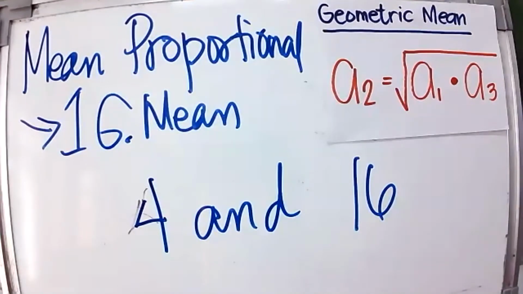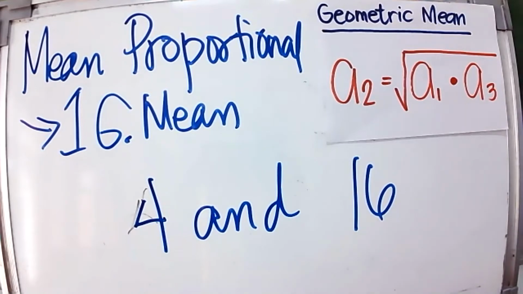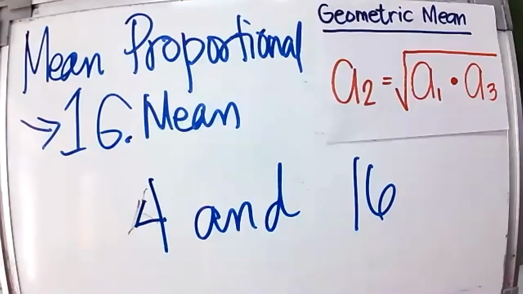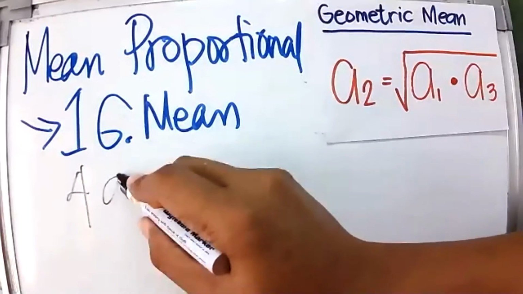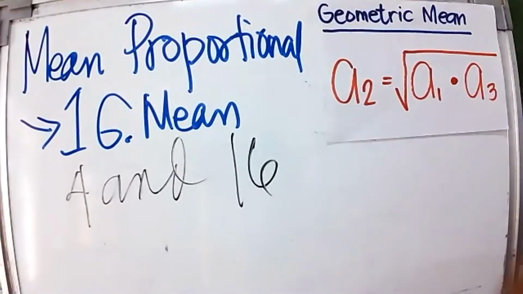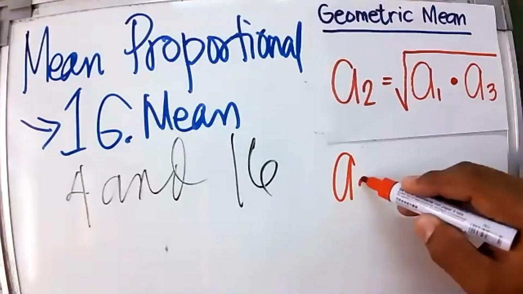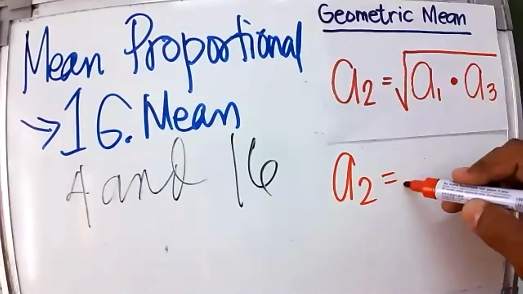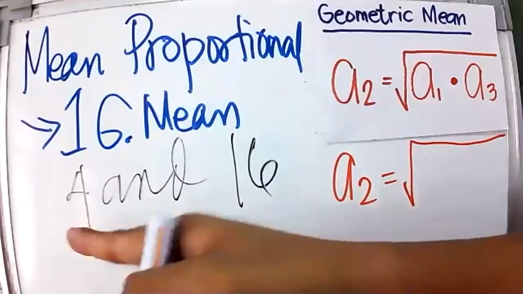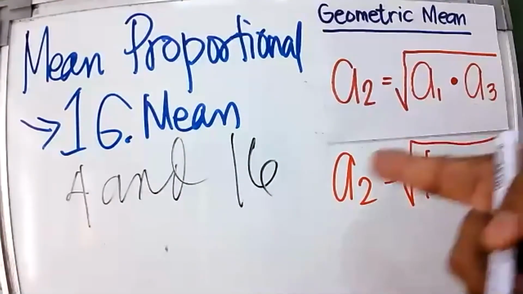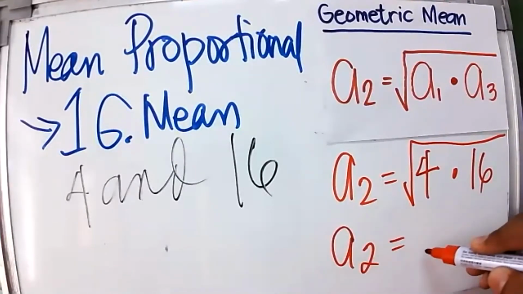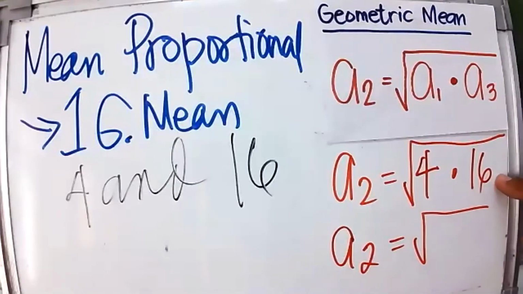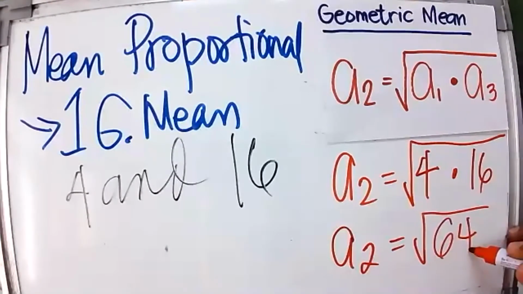Okay, your classmates, again, got it correctly. The answer is, let's show it here. 4 and 16. So let's have here a sub 2 is equal to, what's our a sub 1? That's 4, times a sub 3, that's 16. Next, a sub 2 is equal to the square root of 4 times 16, which is 64.